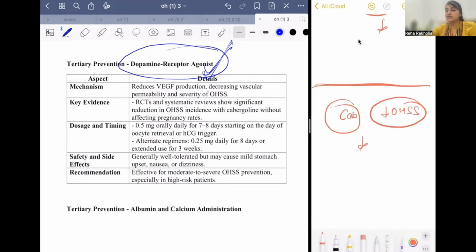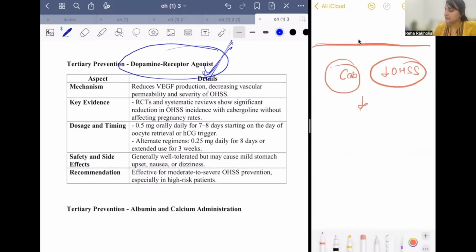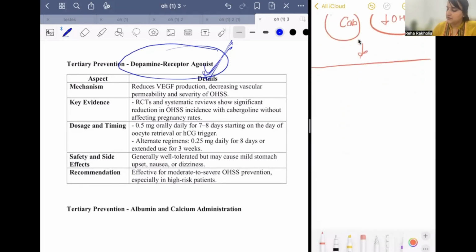The standard dose is 0.5 milligram orally once daily for 7 to 8 days. When will we start? We'll start from the day of oocyte retrieval or HCG trigger.